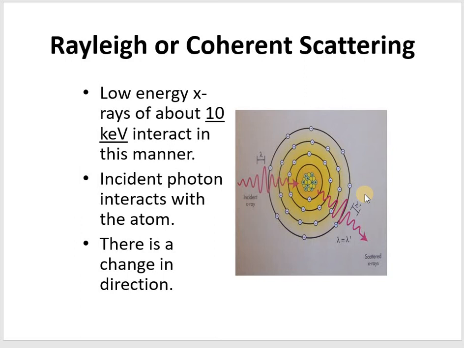When there are too many electrons, the coherent factor, or the factor for Rayleigh scattering to occur, decreases, because it becomes increasingly difficult for these photons to overcome all these electrons of a high atomic number atom without transferring energy, because in Rayleigh there will be no energy transfer. So for that to occur, most of the time the atom must be of low atomic number.